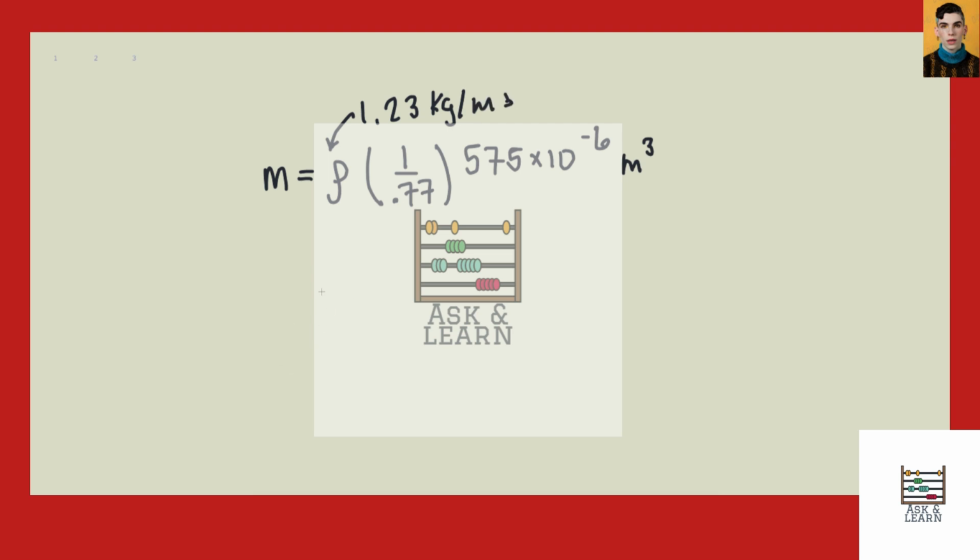And so, yeah, then maybe you'll get what I got, which was, where did I write down that number? So that's 9.14 times 10 to the minus 4 kilograms.